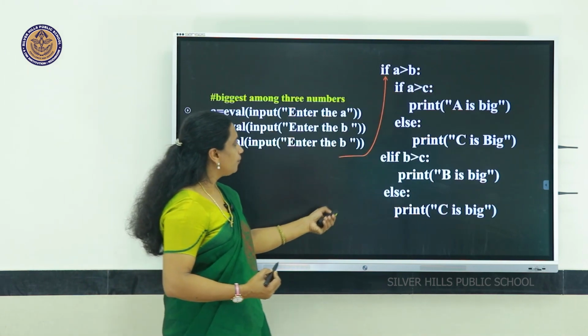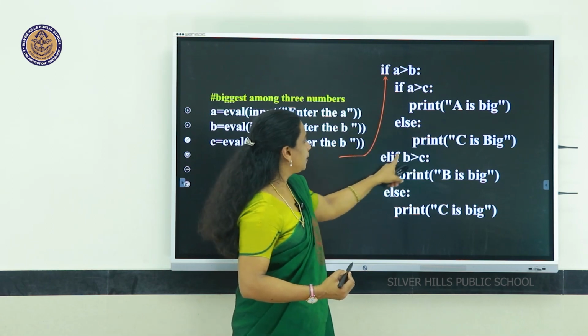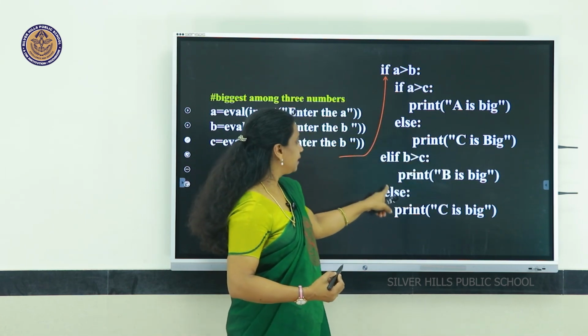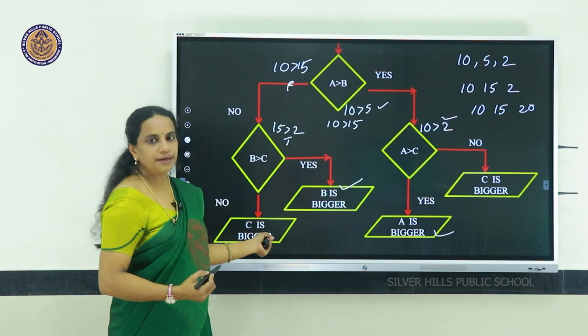Now, if both the conditions fail, A greater than B fails, B greater than C fails, then which is the biggest number? C is the biggest number.